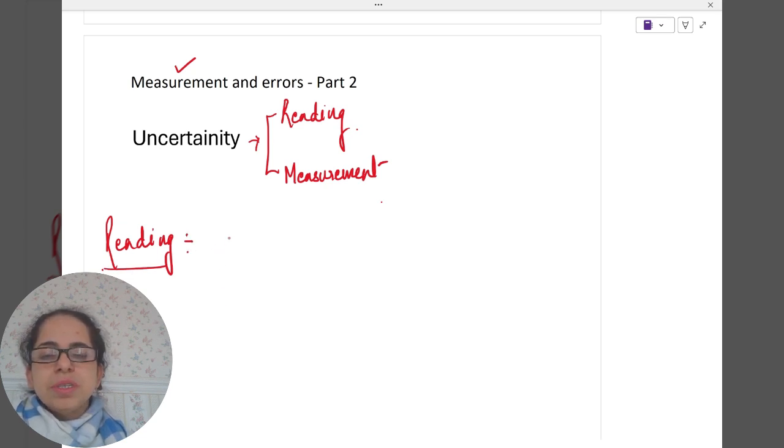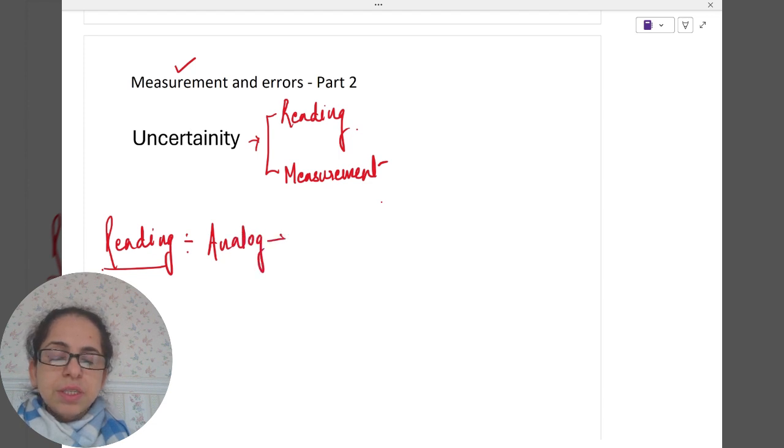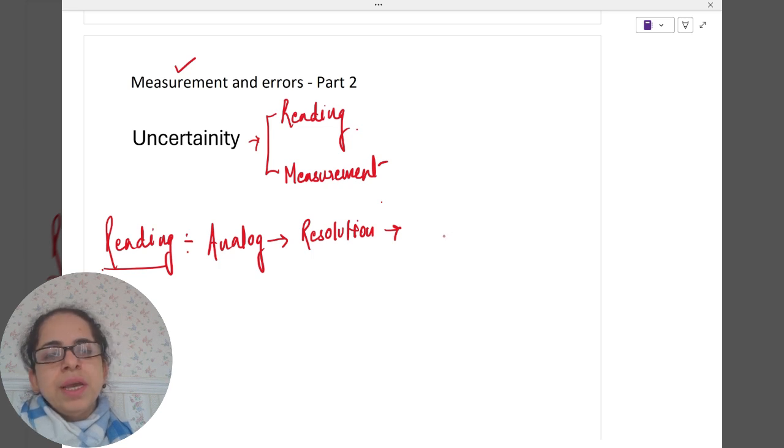So let's say, for example, you're taking a reading from a thermometer or a ruler or a voltmeter or an ammeter. If it's an analog one, the resolution, the smallest value that it can measure, that is the uncertainty. For example, you are measuring using a ruler, you're measuring 2 centimeters, and the smallest it can measure is 1 mm.